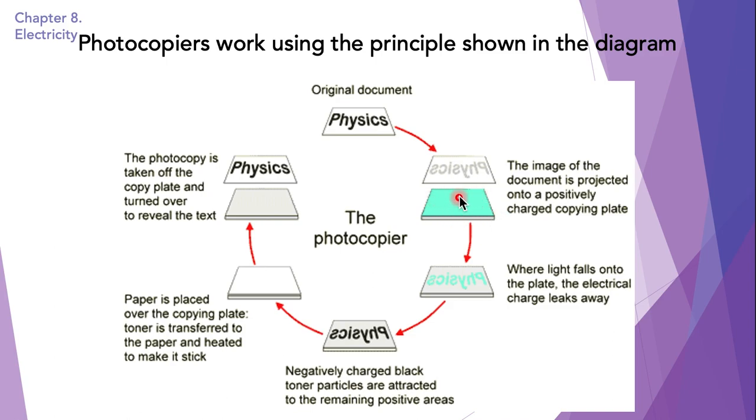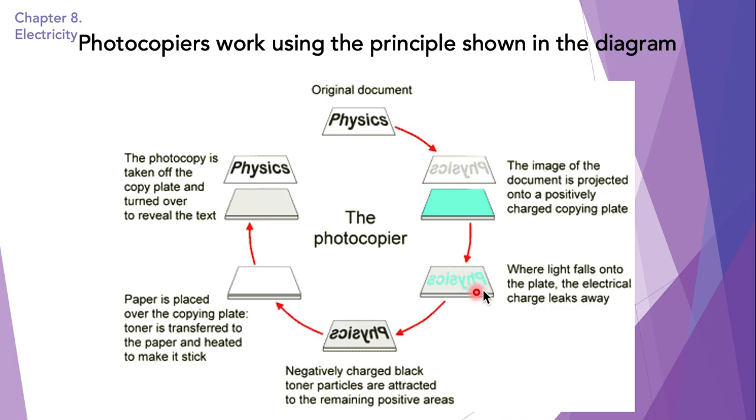When we place the document upside down onto the plate and close the photocopier, this is what is happening. Wherever light falls onto the plate, the electrical charge leaks away. An image of the original document is projected on the plate. The bright areas lose their charge, but the dark areas keep it.